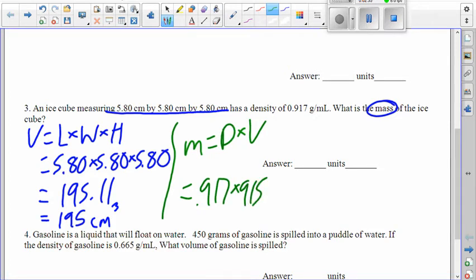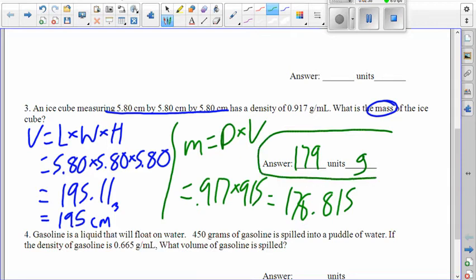We multiply those together, we get 178.815. How many sig figs do I have to keep? 3. So I cut it off after the first 8, and I should be left with an answer of 179. That second 8 tells the first 8 to round up, and the units on that should be grams. And that's my final answer right there.